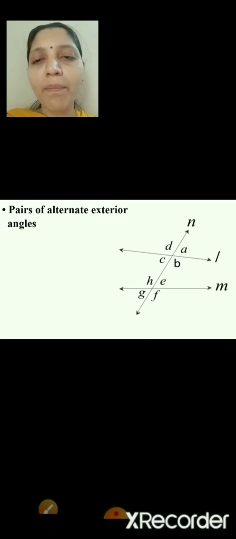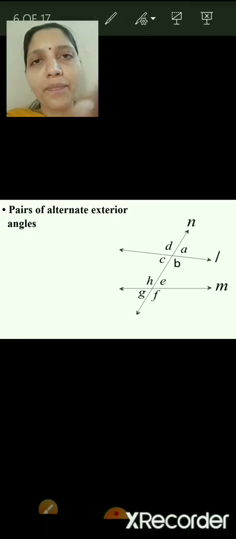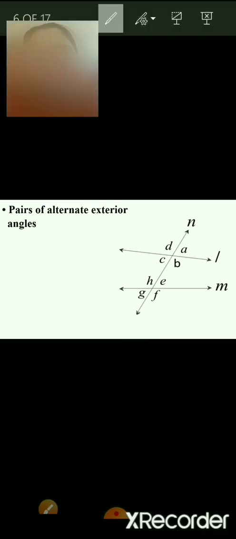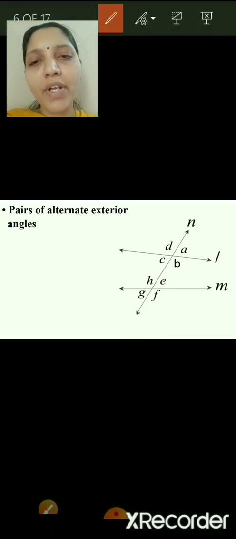Now we will see the pair of alternate exterior angles. In the previous slide we have seen the interior angles. Now we will see the exterior. Exterior means the outside part. So here angle A and angle D, angle F and angle G. These are the four angles which are in the exterior part of these two lines.